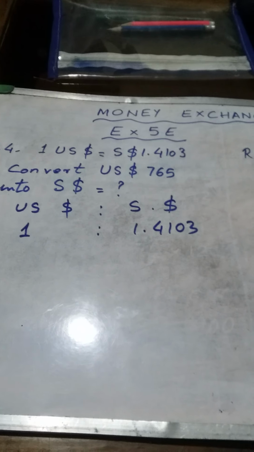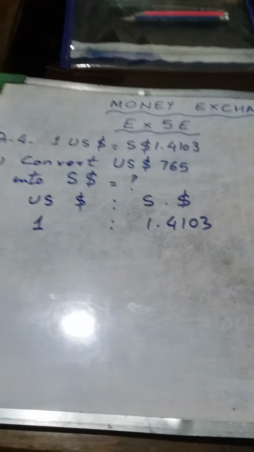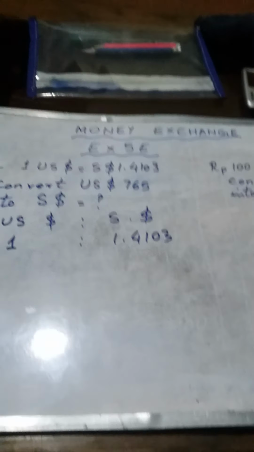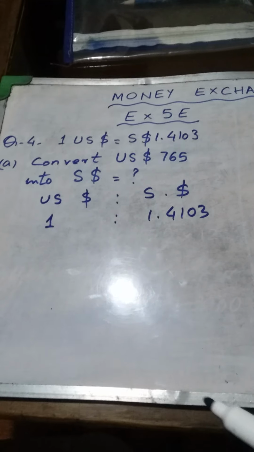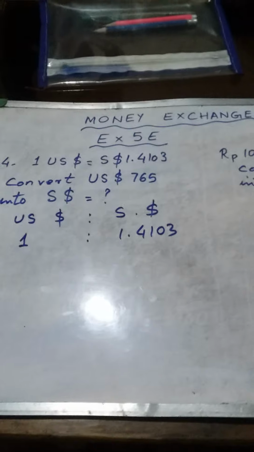This value changes from time to time, but the question is based on this value, so we are taking this value. Do not try to compare it with the latest market rates. Whatever market rate is given in your book, that will be used for conversion.